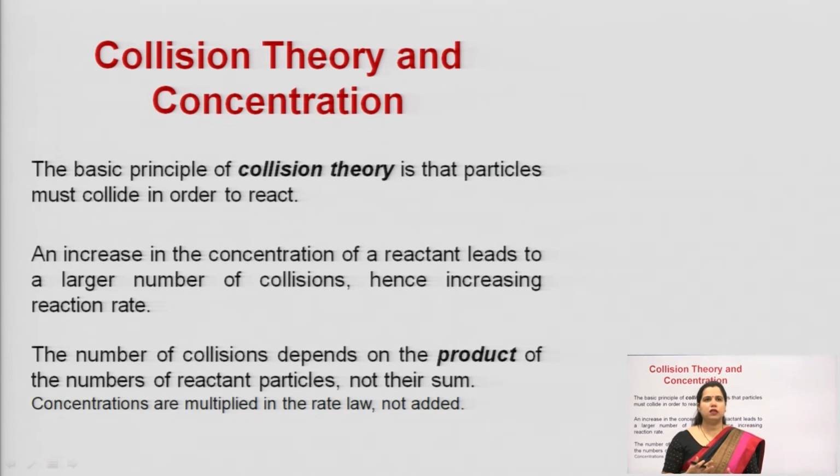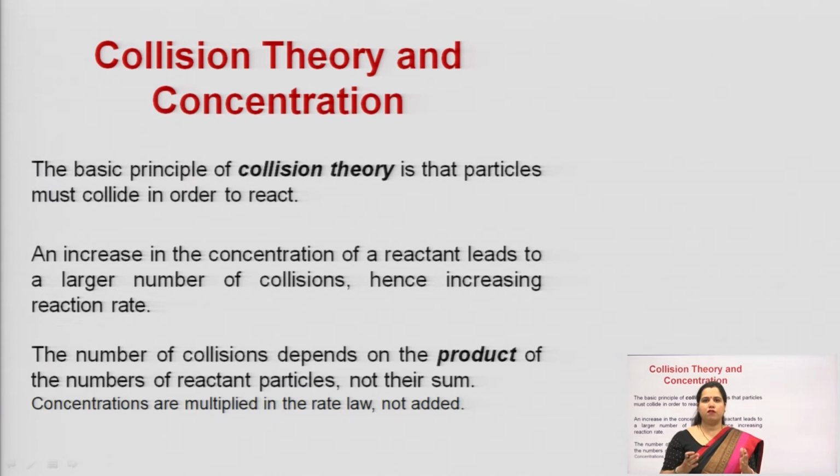So, an increase in the concentration of reactant leads to a larger number of collisions, hence increasing rate of reaction. So, if the collision is high, the rate of reaction will be higher. The number of collisions depends on the product of the number of reactant particles, not their sum. So, basically collision depends on the product of the number of reactant particles, how many particles are reacting with each other.